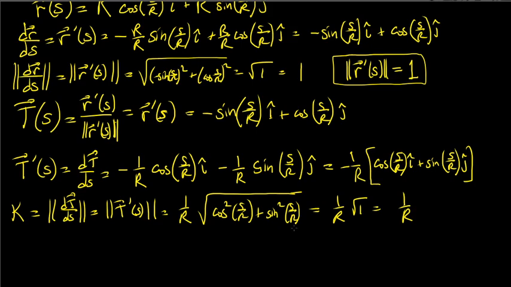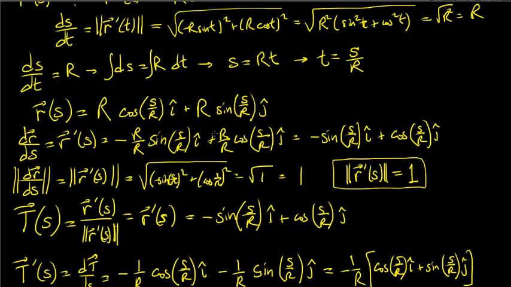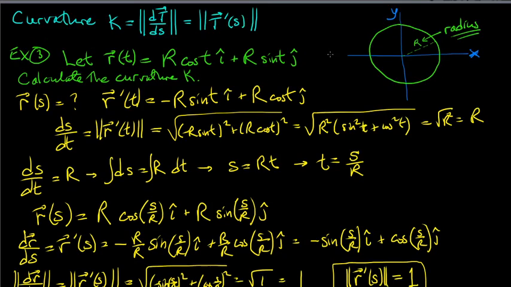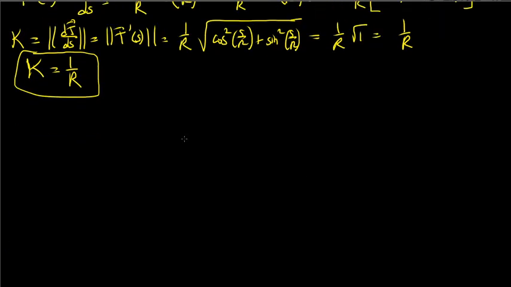And that's it. So the curvature, k for curvature, is just 1 divided by the radius. It's the reciprocal of the radius. So for a circle, the curvature k is just 1 over its radius. And that should not come as a surprise.